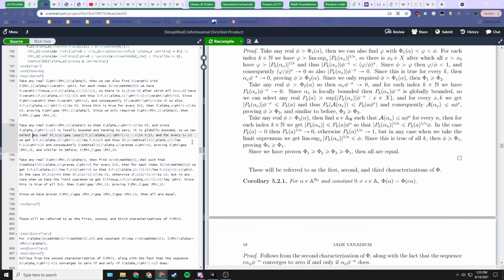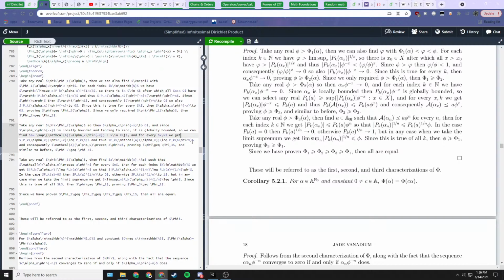So we can find, we can just say A is being the supremum of A of alpha sub x phi power minus x. I think that should work.